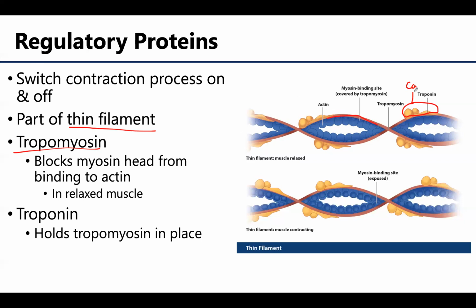When there's not calcium in this region, that tropomyosin will move back into place and block these sites. So that's why these are called regulatory proteins.